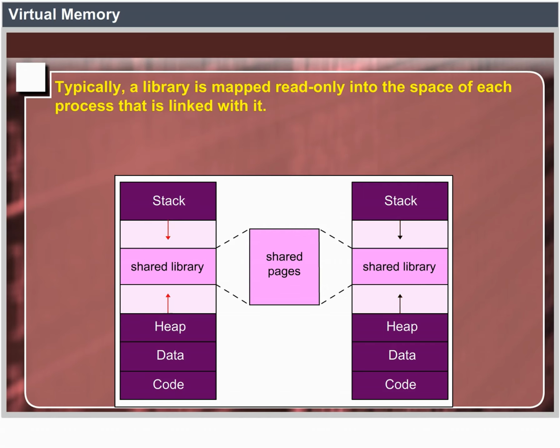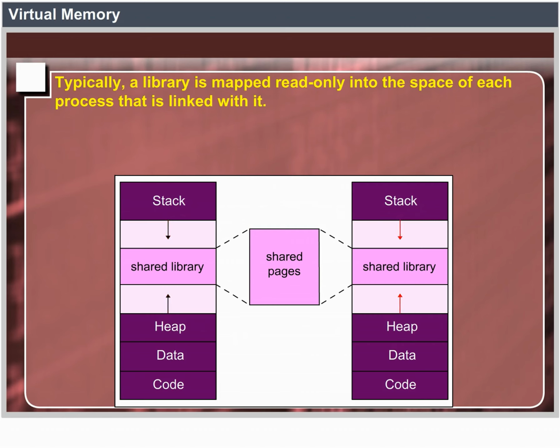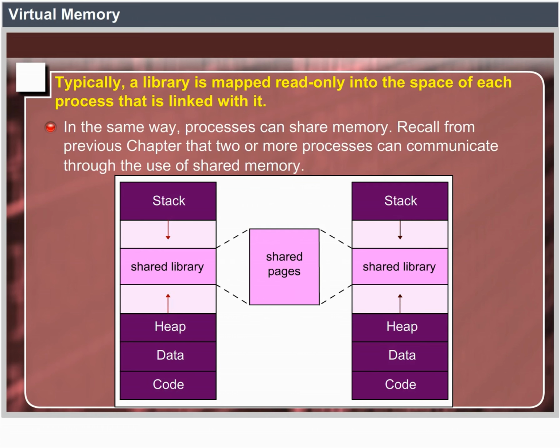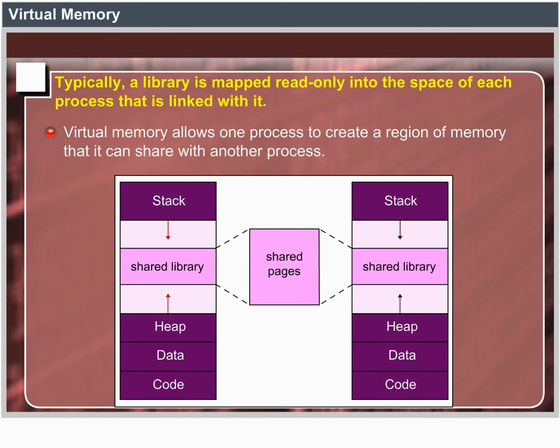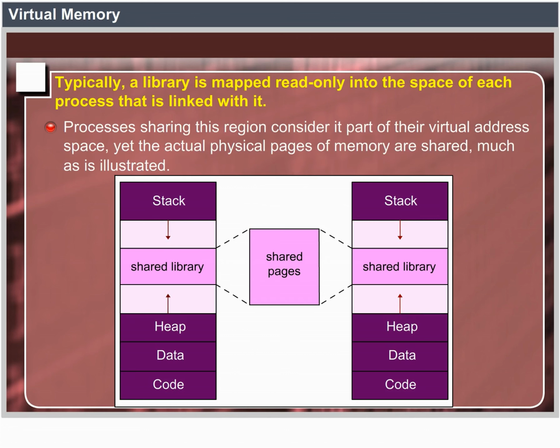Similarly, processes can share memory. Recall from the previous chapter that two or more processes can communicate through the use of shared memory. Virtual memory allows one process to create a region of memory that it can share with another process. Processes sharing this region consider it part of their virtual address space, yet the actual physical pages of memory are shared, much as is illustrated.